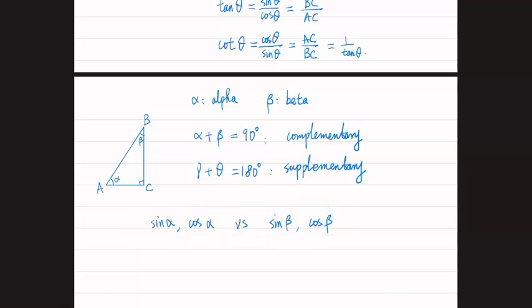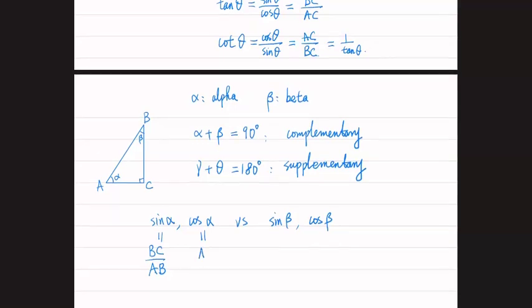Okay, so if we check the definition, Kira, what's the definition of sine alpha? The side that's facing it, like opposite. The side facing it will be BC over AB. Aaron, what's cosine alpha? The side on the angle. So that's AC over AB.